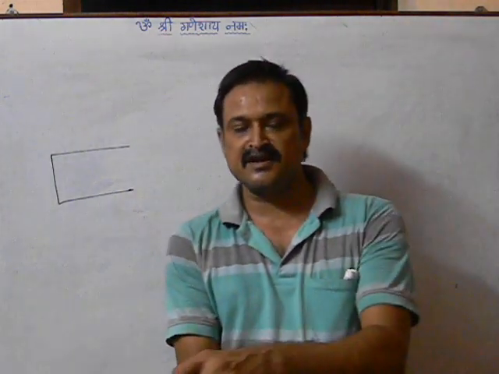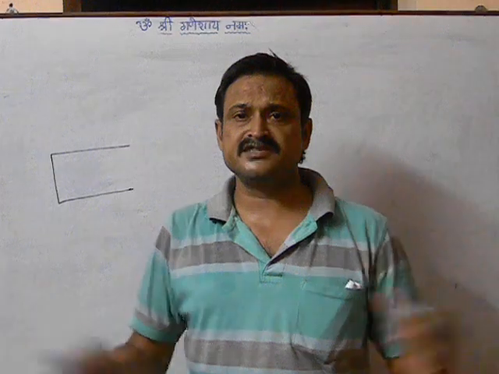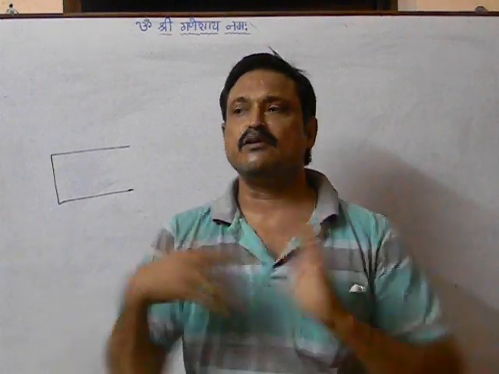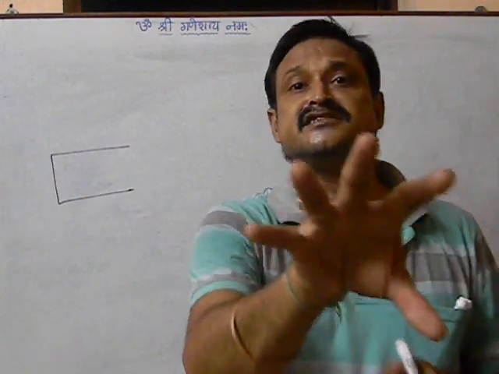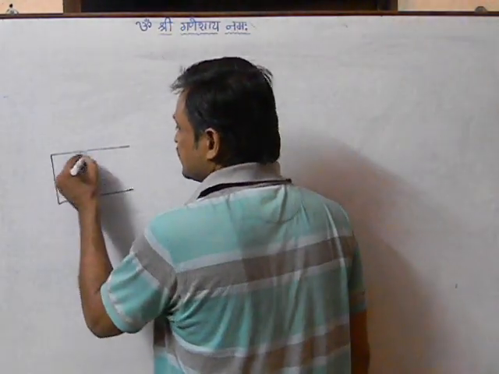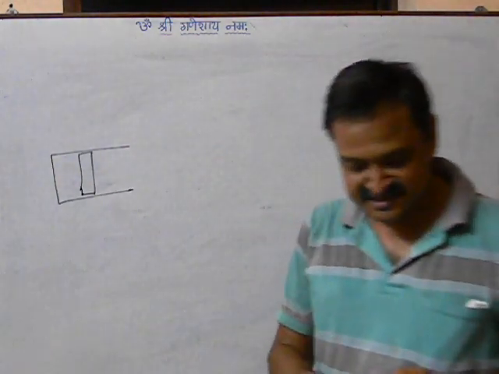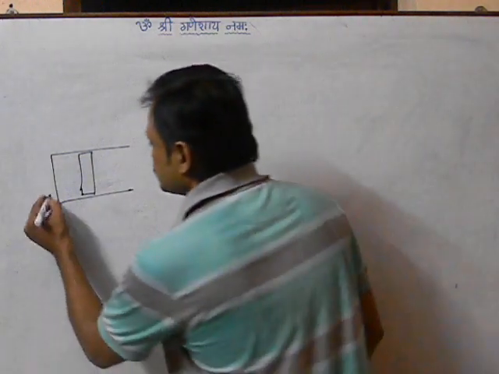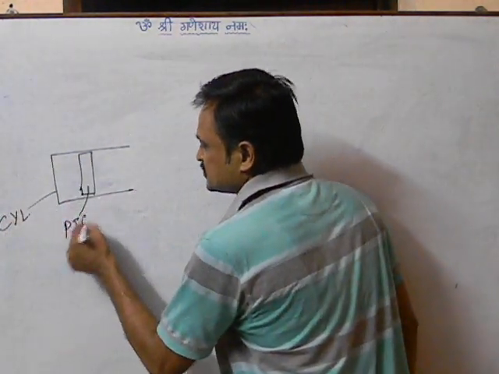Now if I burn fuel on a plate, this entire energy is going to get wasted, or it will dissipate in all directions. If I give it a specific direction, that entire energy will be directed in a specific direction. So I take a cylinder and place a piston inside it. This is the cylinder and this is the piston.